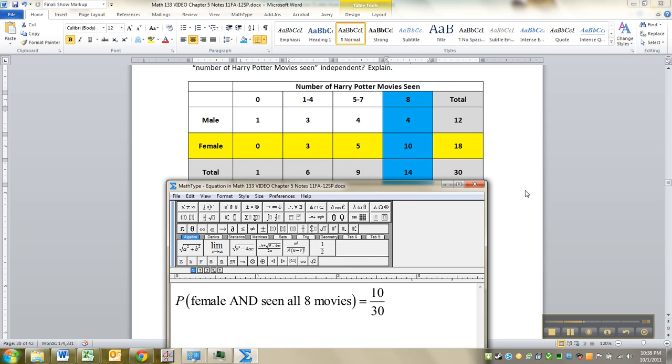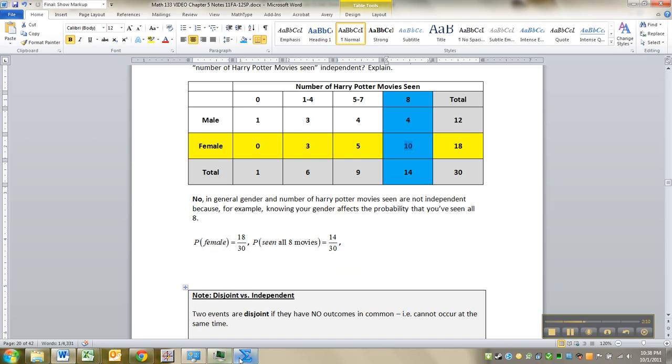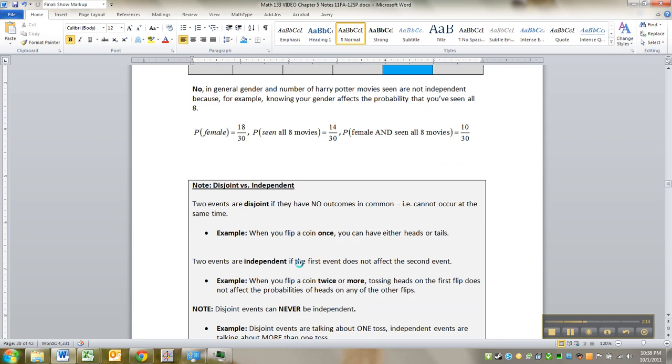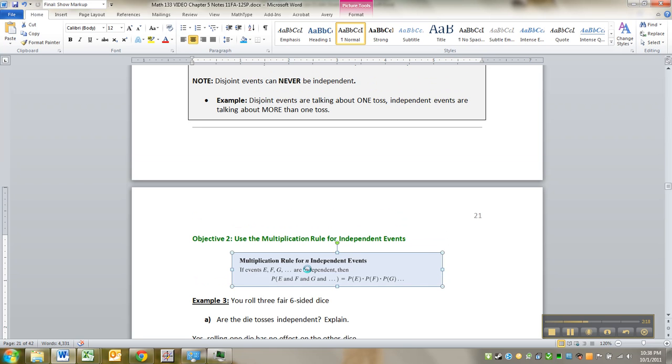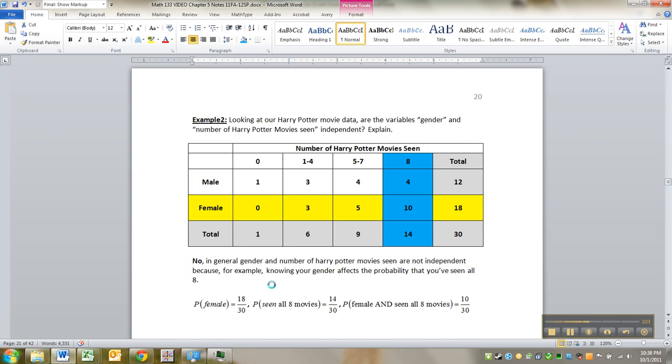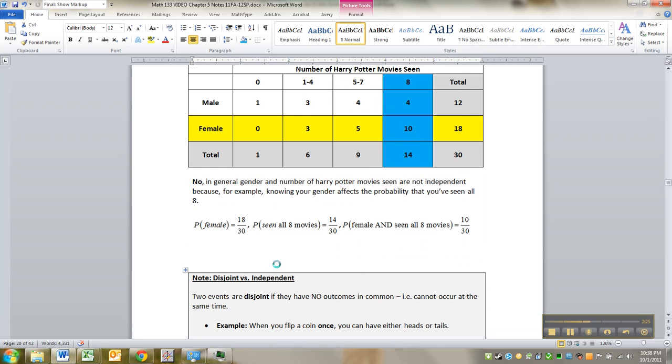Now, according to this multiplication rule, if the events gender and seeing movies were independent, I would be able to multiply this 18 out of 30 and this 14 out of 30 and get 10 out of 30.